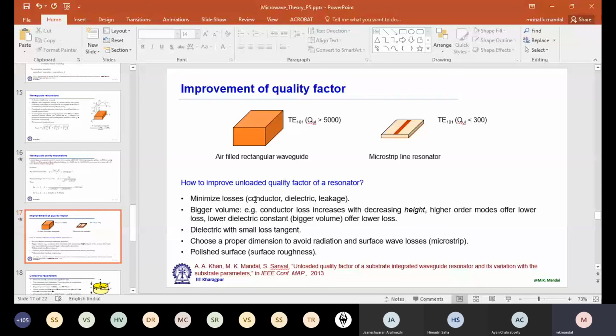You already know the answer, we discussed. It is related to the second point. Which mode will have lower quality factor?